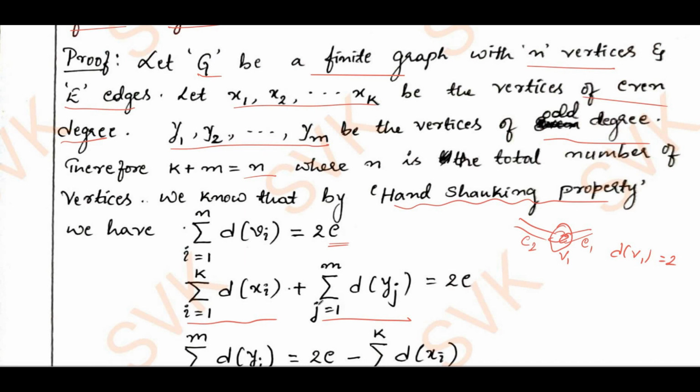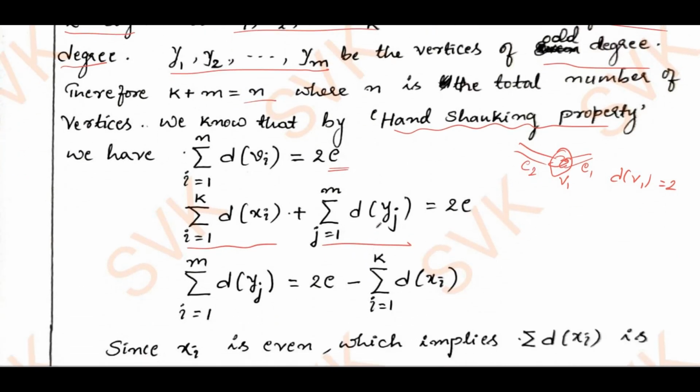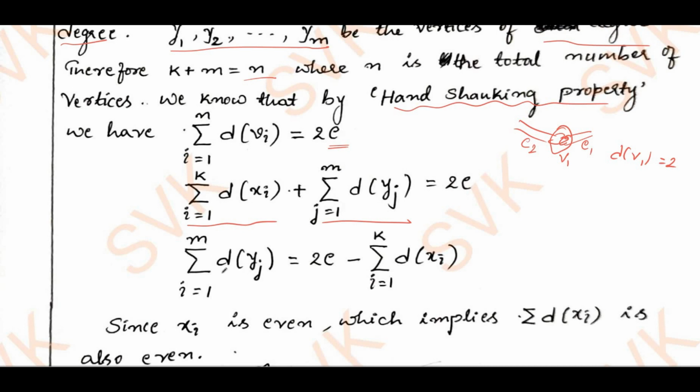Retaining the odd degree vertices as they are, the summation for j equal to 1 to m of d of yj equals 2 times E minus the summation for i equal to 1 to k of the degree of xi.